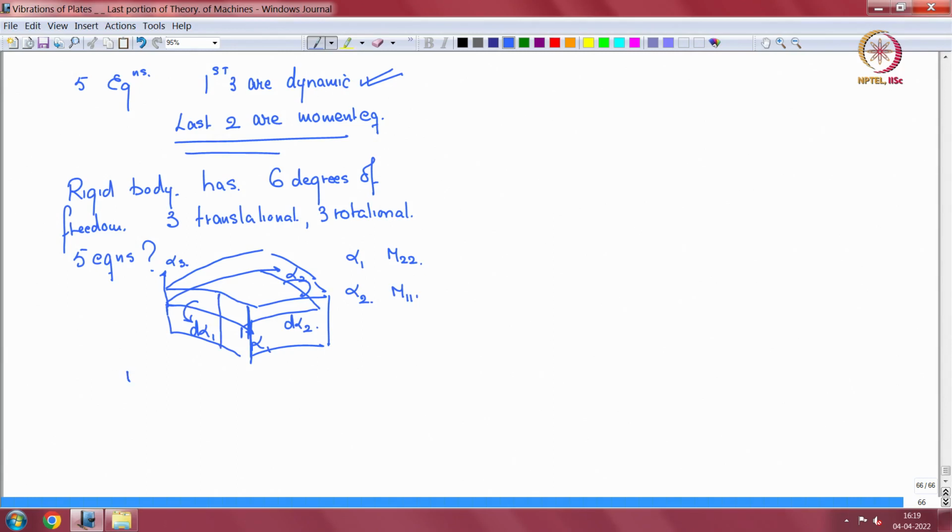We said the u1 full is small u1 plus alpha 3 beta 1. The big u2 is small u2 plus alpha 3 beta 2.